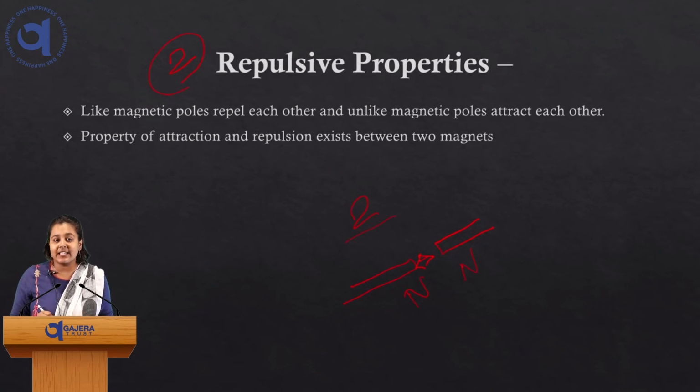And this property is known as the repulsive property. Attraction and repulsion both are associated with magnets, but a single magnet and a magnetic substance will show you the attractive property. The repulsive property can only be seen if we have two different magnets with like poles, like north and north or south and south facing each other.